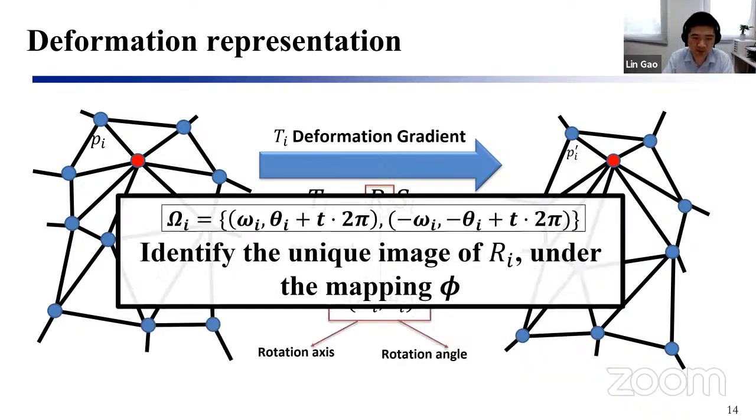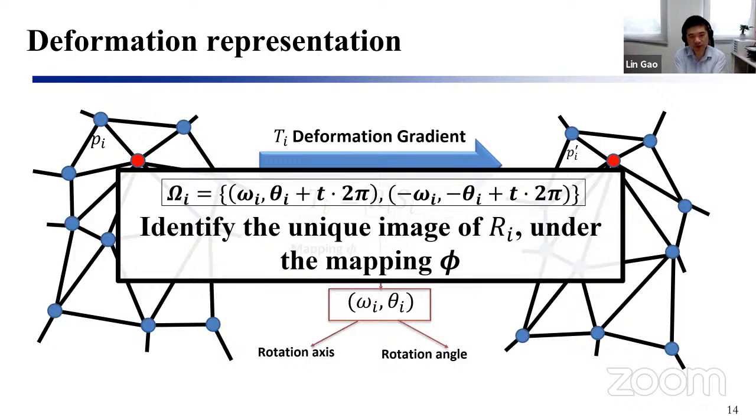So this is the possible solution. Given the same rotation matrix, there are multiple solutions for the rotation axis and the rotation angle. The rotation axis has two directions, and the rotation angle has multiple cycles.